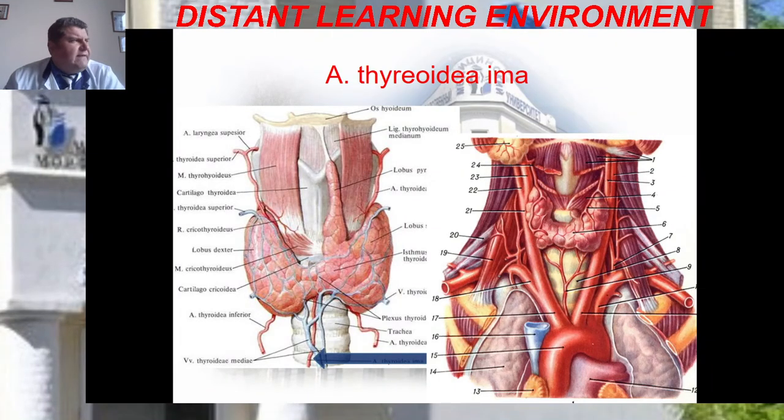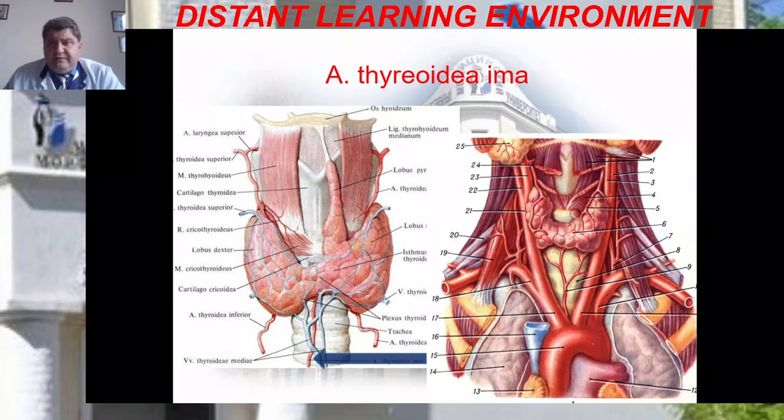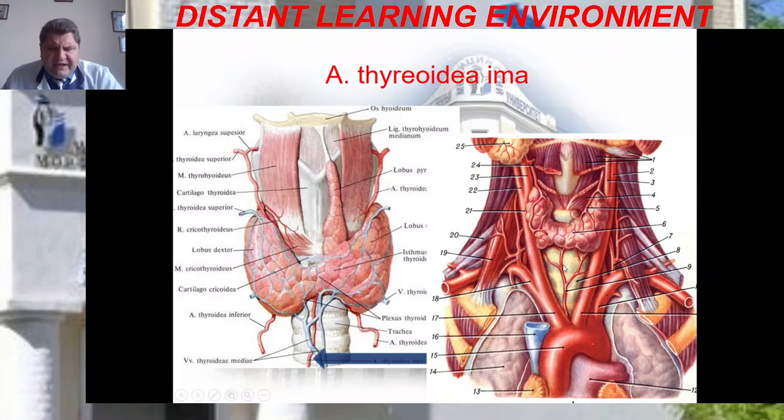And you know that the thyroid gland produces hormones for life, for catabolic processes in our body. In detail you will study these hormones in physiology and biochemistry, but we must remember this abnormal branch. Why?